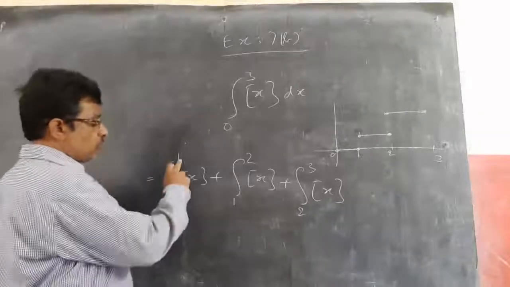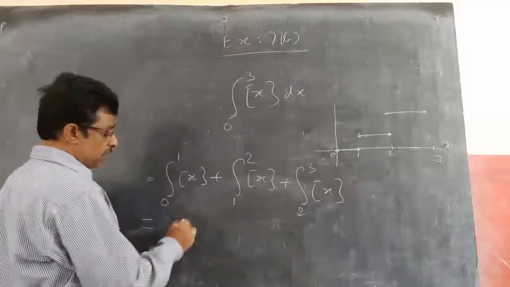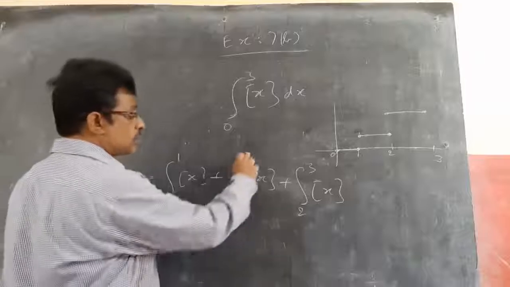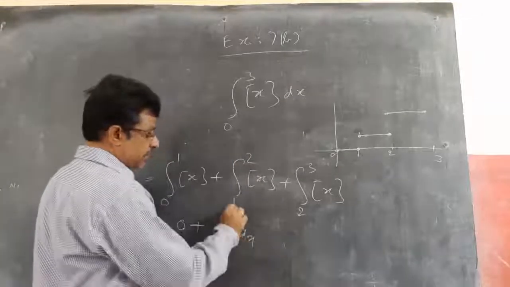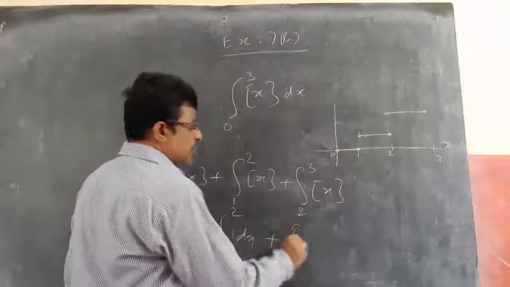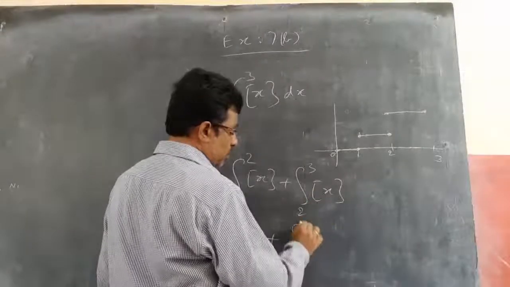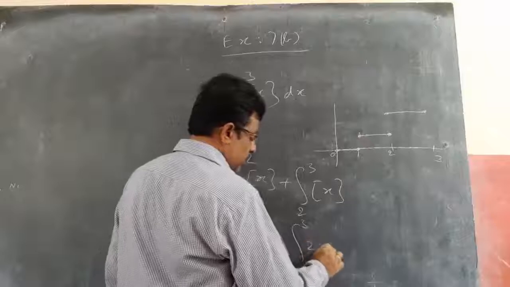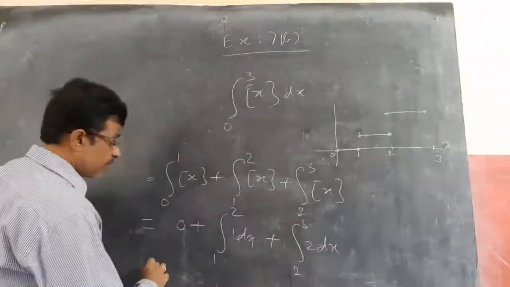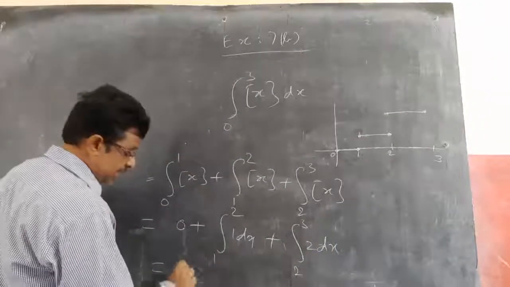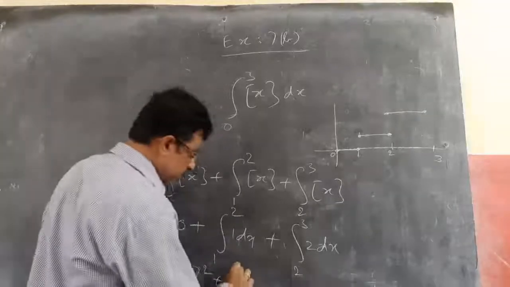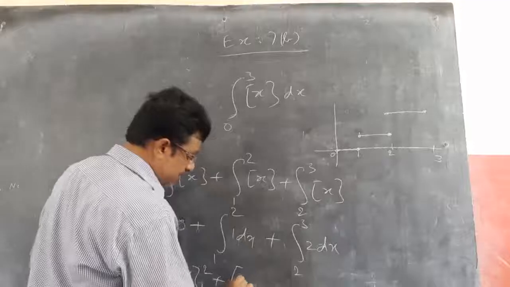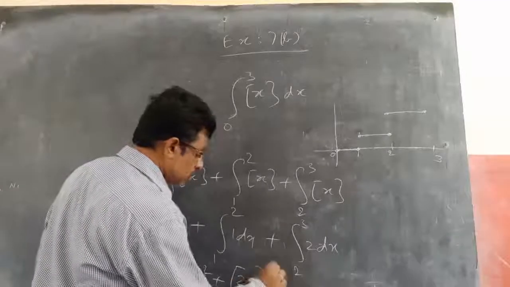Here from 0 to 1 step x is 0, we know that. From 1 to 2 step x is 1, so integral of 1 dx between the limits 1 to 2, plus from 2 to 3 step x is 2, so 2 dx. So the function becomes x between the limits 1 to 2 plus 2x between the limits 2 to 3.